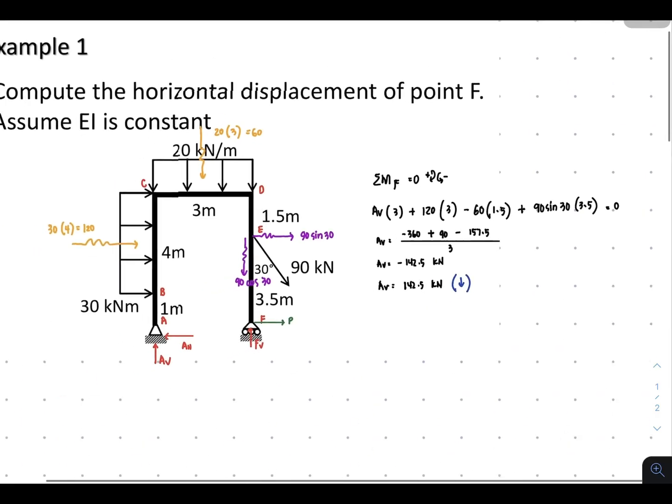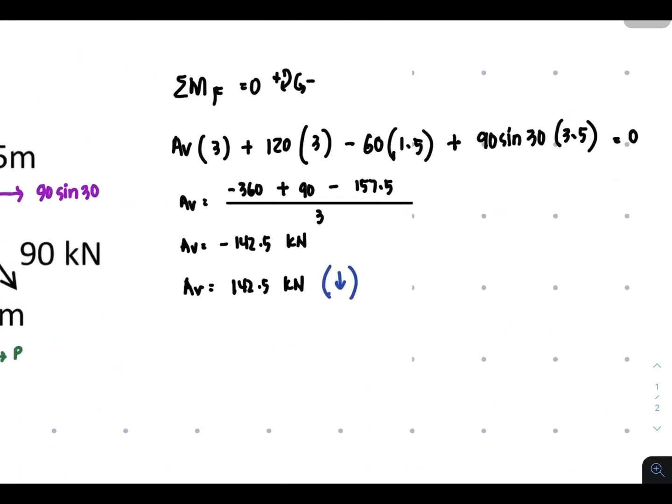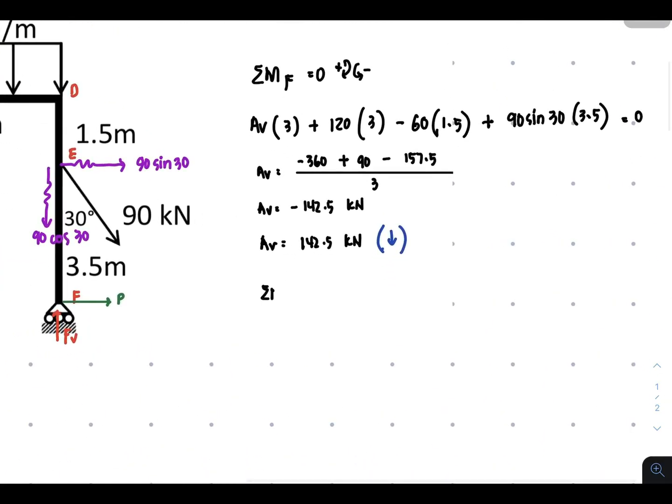Okay, proceed. Let's have the summation of moment at point A equal to 0, just to check whether we got it correctly or not. Clockwise positive, counterclockwise negative.